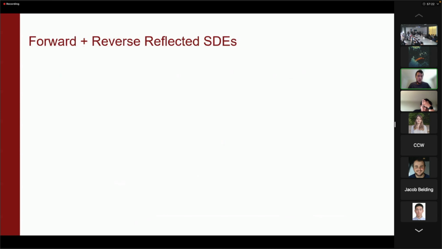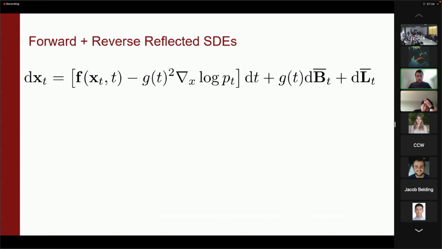And what we've shown is that it's possible to use the same forward and reverse diffusion idea. But if we're using a reflected diffusion when going from noise to data, we should use a reflected diffusion also in the forward process when we go from data to noise.